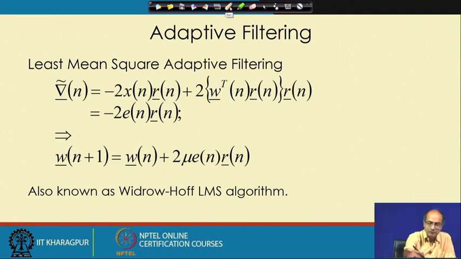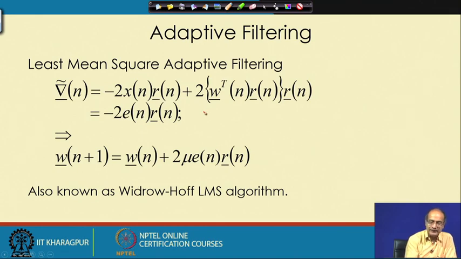Now we compute the gradient of the error with respect to the tap weight, and we get minus 2 x n times the vector r n plus twice the dot product of the weight at instant n and the reference input r, both being vectors, times the vector r n.